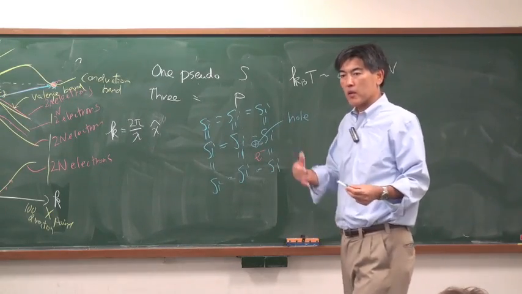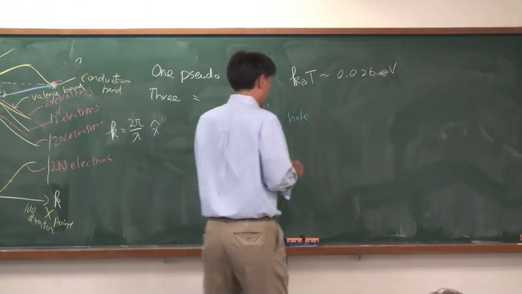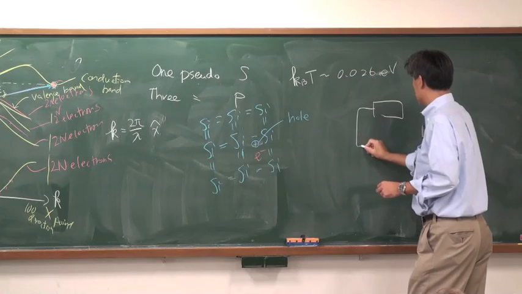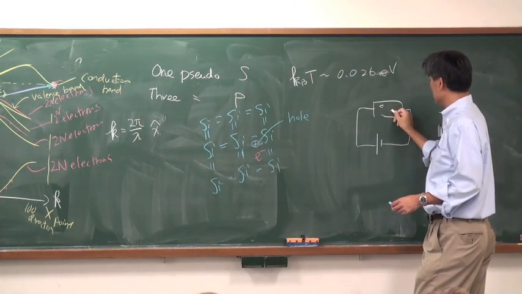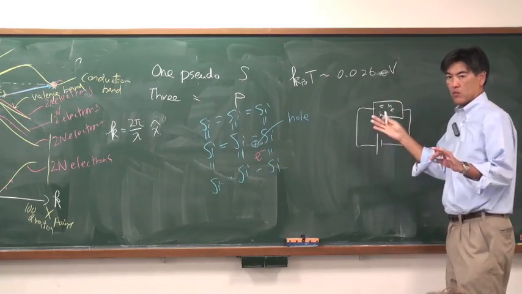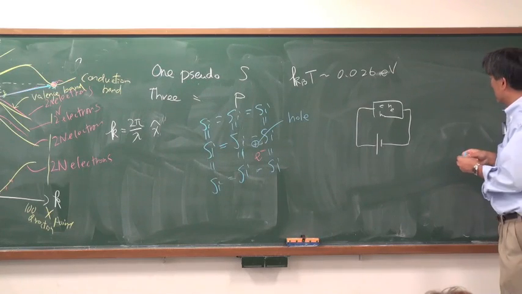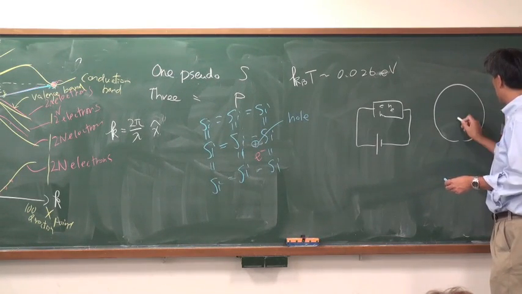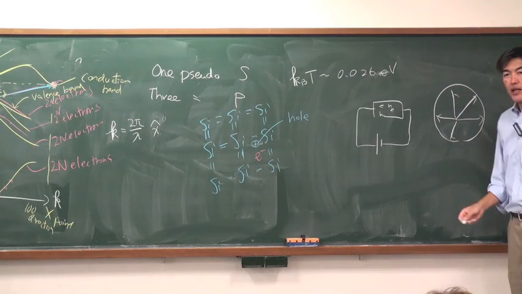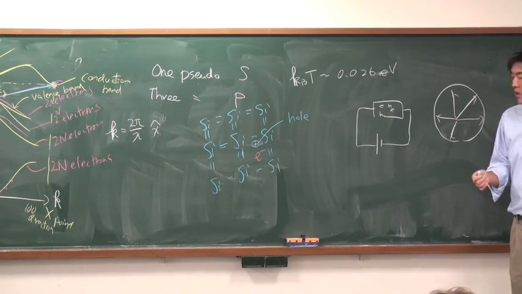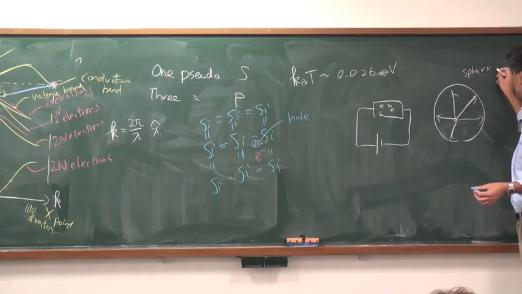We can also apply bias from outside. So we can apply bias to semiconductors. Then electrons and holes are moving around freely, for example this way and that way, completely randomly by thermal energy. So I'm drawing a sphere here, a sphere of velocity.